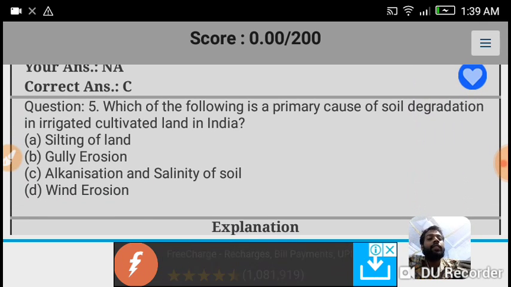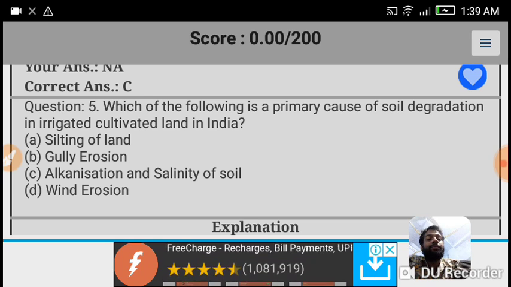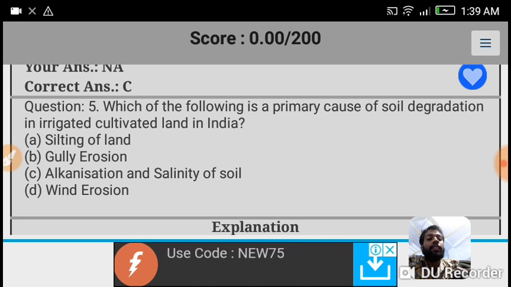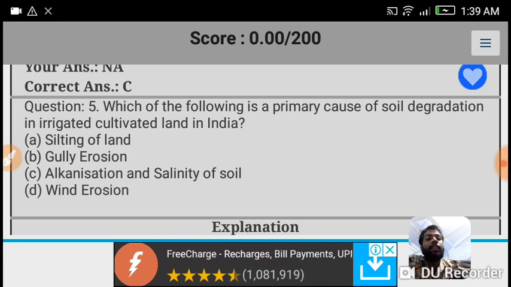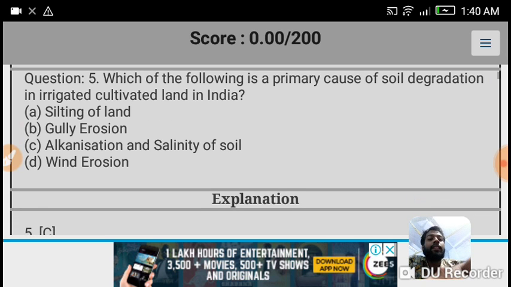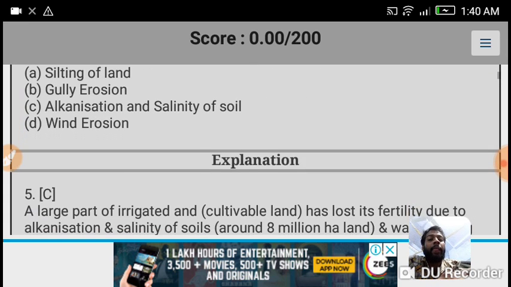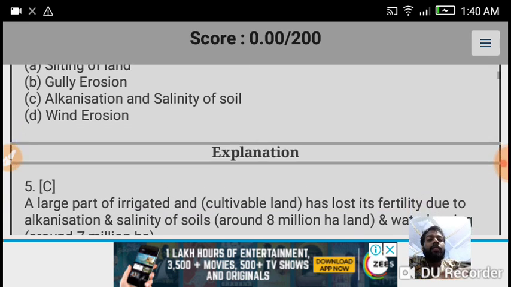Which of the following is a primary cause of soil degradation in irrigated cultivated land in India? Mainly alkalization and salinity of soil.